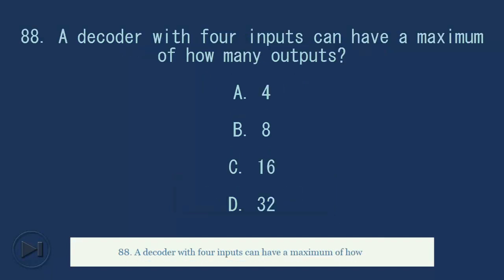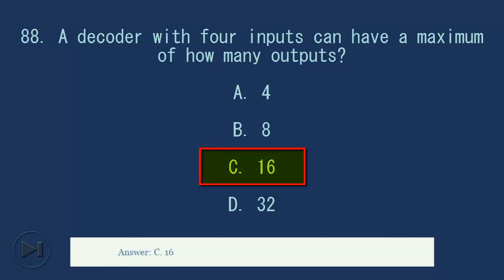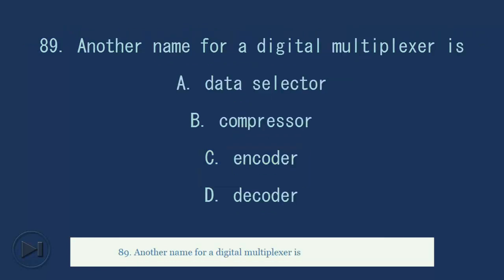88. A decoder with 4 inputs can have a maximum of how many outputs? A. 4. B. 8. C. 16. D. 32. Answer, C. 16. 89. Another name for a digital multiplexer is A. Data selector. B. Compressor.